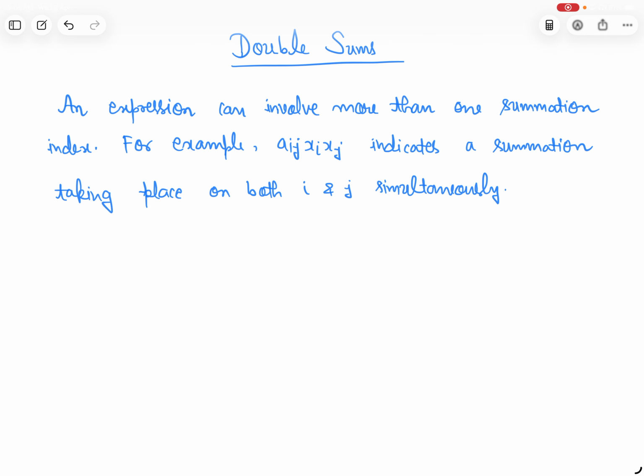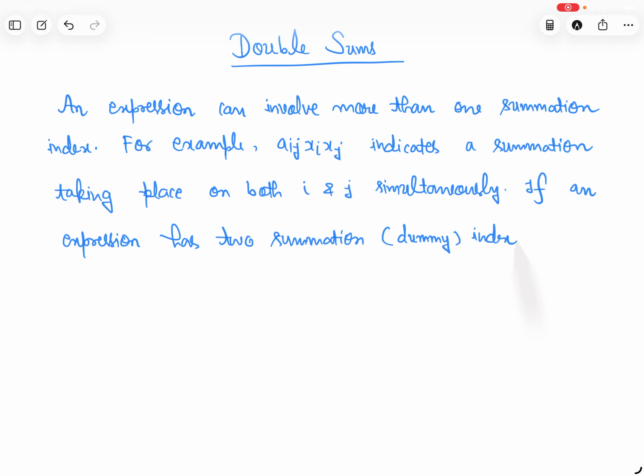If an expression has two summations, here i is repeating two times, j is repeating two times, so we have double summation. It means we have two summation dummy indices. Summation index is called dummy index. Yesterday I told dummy index.